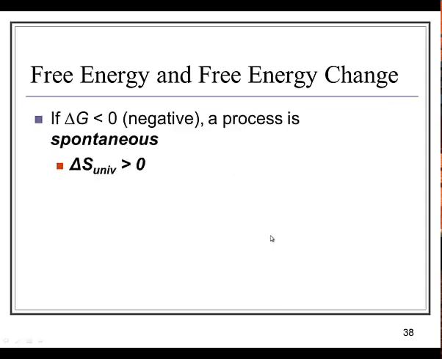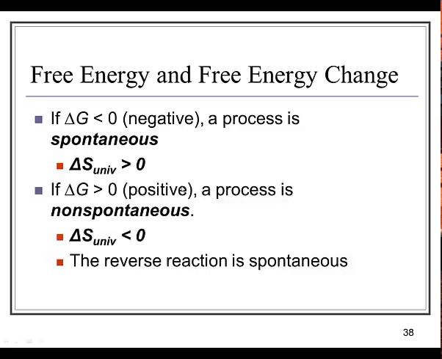It's easy to calculate. So if delta G is less than 0, that is, it's negative, the process is spontaneous in the forward direction because the delta S of the universe is positive. You've increased the entropy of the universe, which is absolutely necessary for a process to be spontaneous.